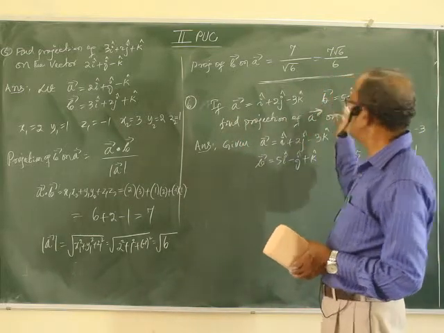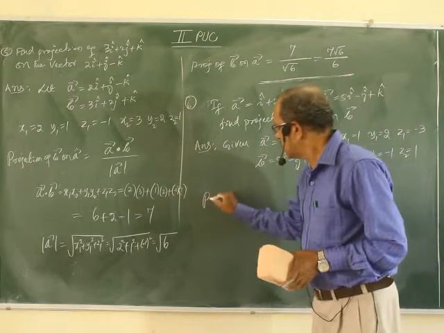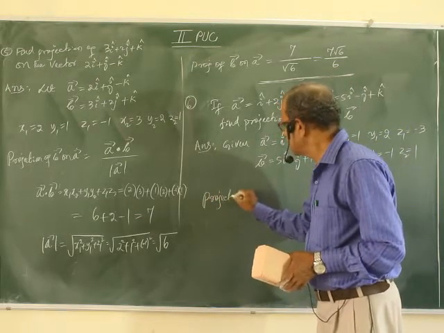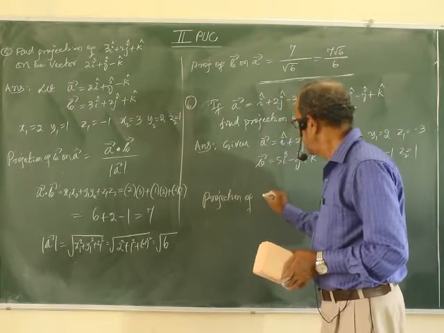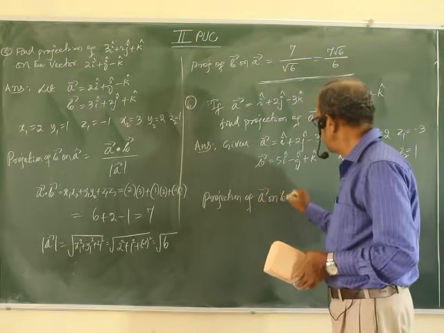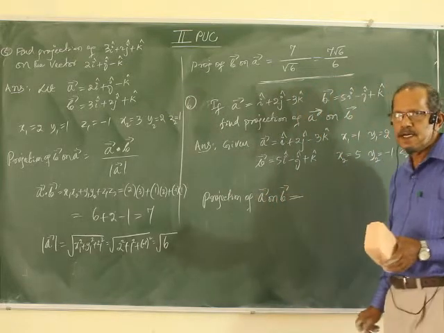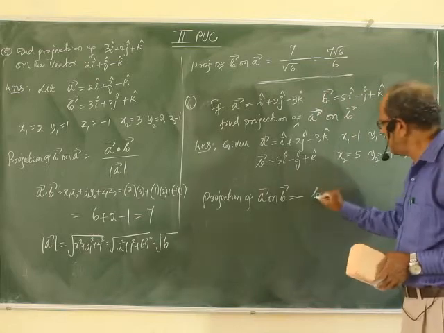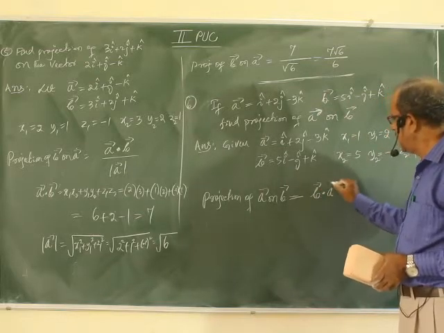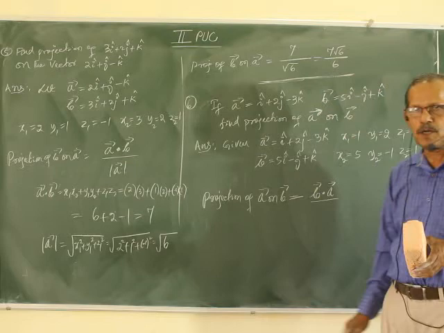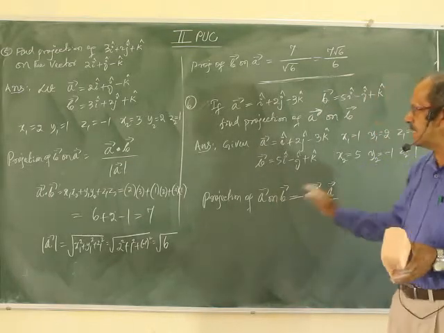Projection of A on B is, careful, B dot A divided by mod B. Actually A dot B or B dot A is one and the same. Even then let me write that.